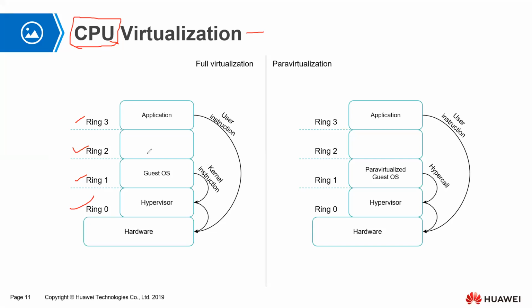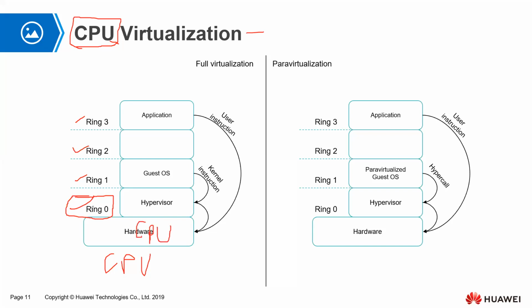Anything running at ring 0 has the highest privileges, with direct access to the hardware resources, and in this case, we are talking about our CPU.